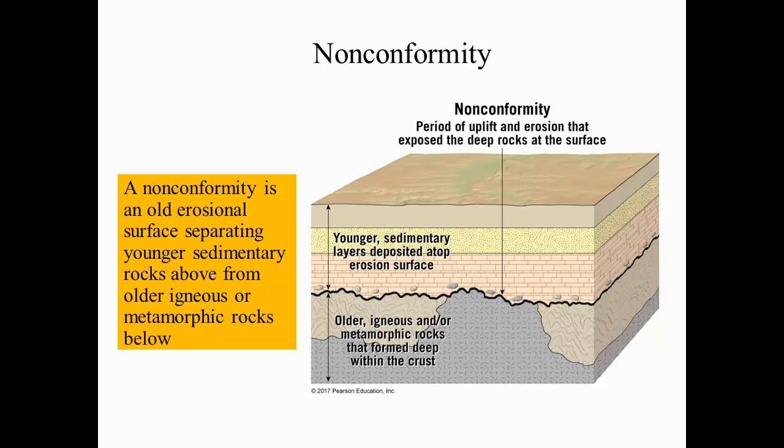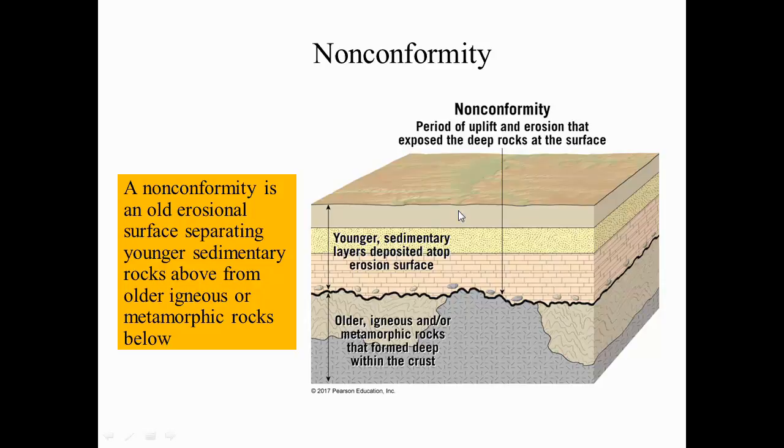Now, a nonconformity is an old erosional surface separating younger sedimentary rocks above from older igneous or metamorphic rocks below. So notice in this case the nonconformity, that old erosional surface, is represented by this thick wavy line, and below we have both igneous rocks and metamorphic rocks, and that by definition is a nonconformity.